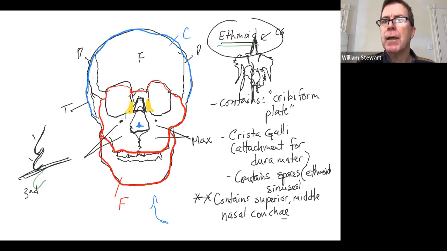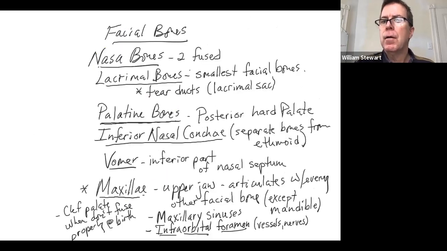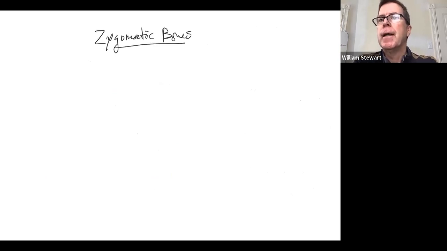The zygomatic bones kind of look like this, here and here. They make up this ring. I'm out of space here, so I'm going to write zygomatic cheekbones.